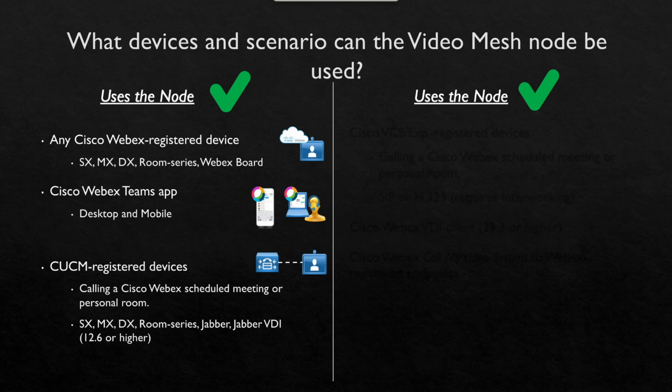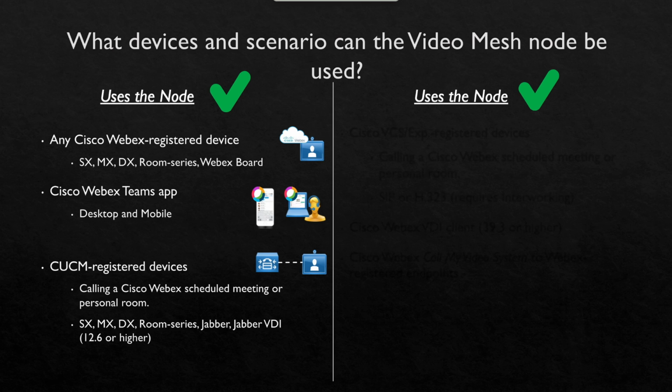CUCM registered devices. This includes any device registered to the CUCM. So not just your telepresence endpoints, SX, MX, DX, Webex endpoints, but also your UC phones, Jabber soft clients, Jabber VDI, anything that's registered to the CUCM can use the video mesh node.